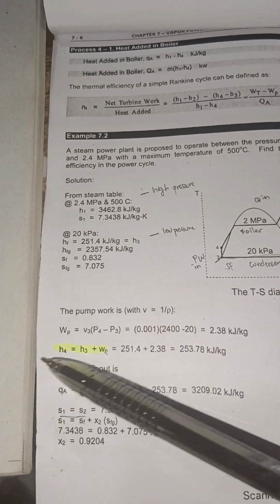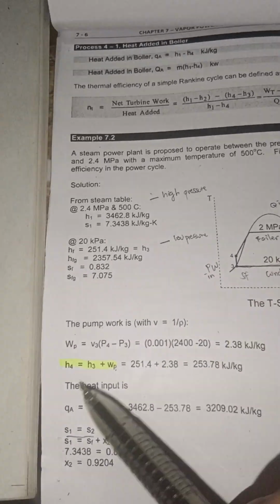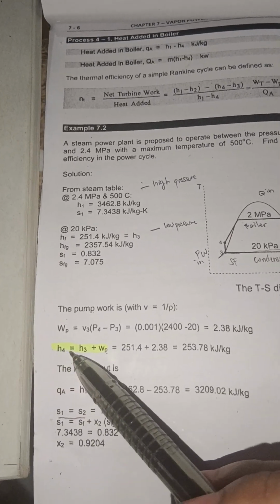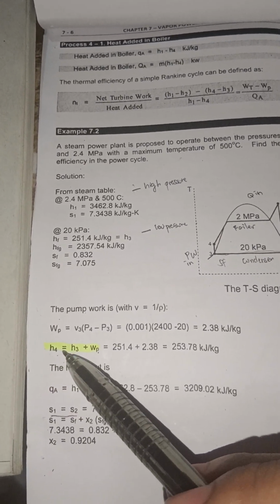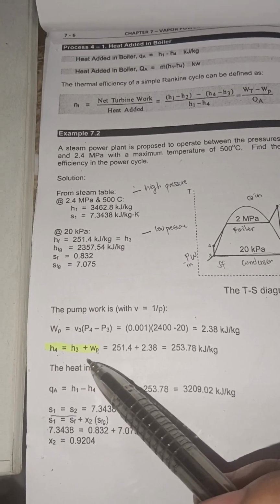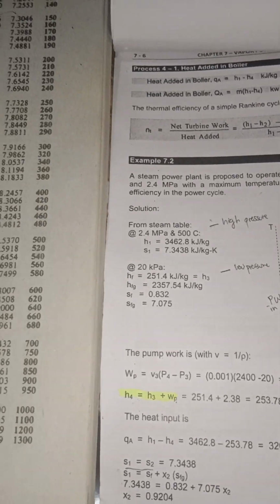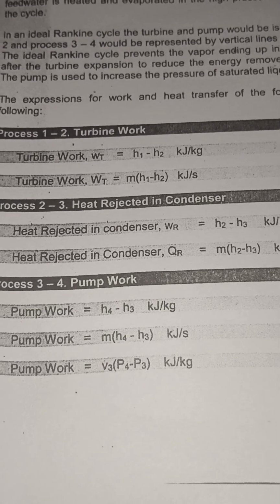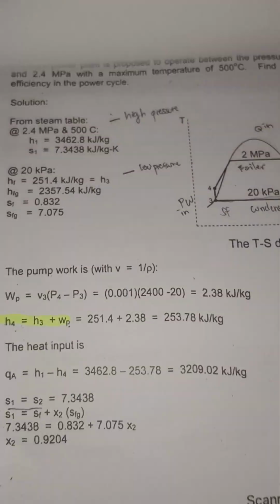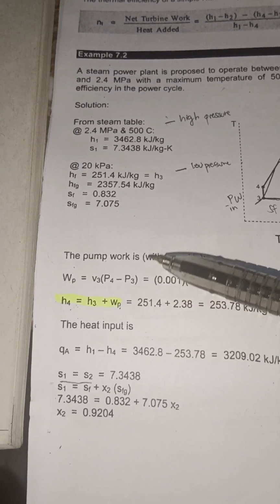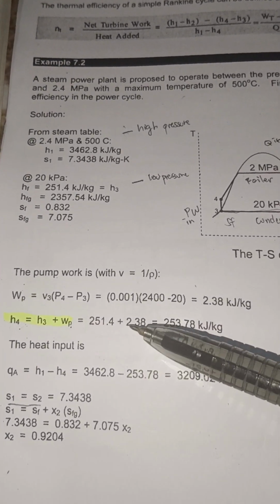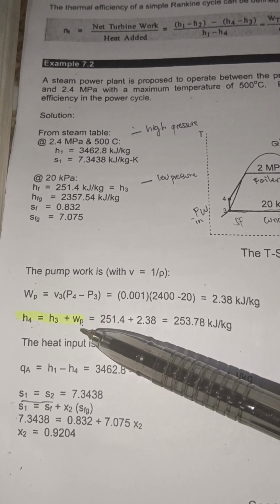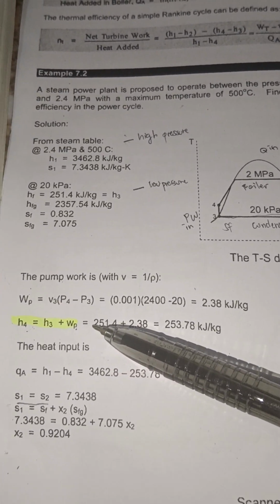So we can also solve for the H4. H4 is equal to H3 plus pump work. It is derived from the pump work equation: H4 minus H3 is equal to pump work. So H4 is equal to H3 plus the pump work.